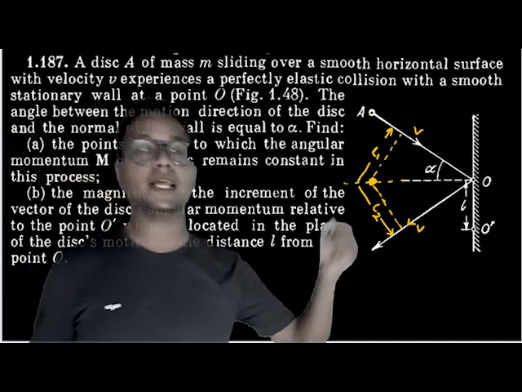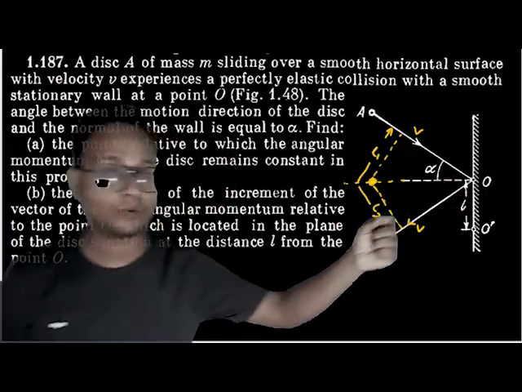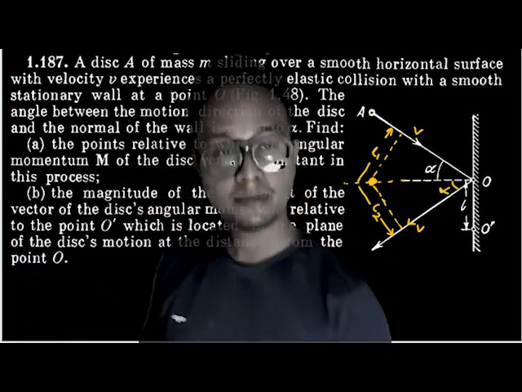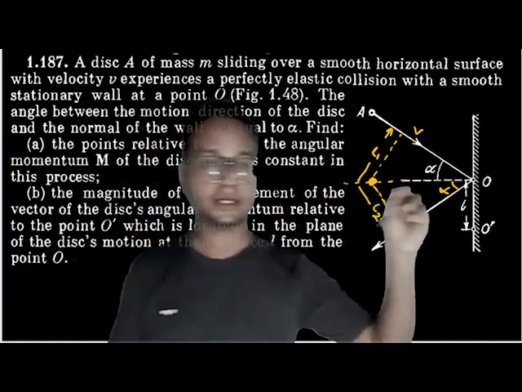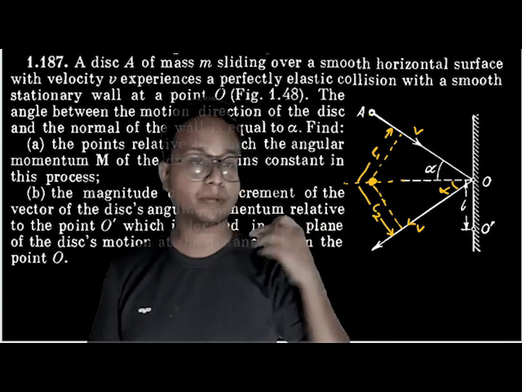So if L1 is equal to L2, the magnitude of angular momentum before collision and after collision would be the same value, no? This is angle alpha, similar triangles. Understood? So if you take the origin at any point on this midpoint, the angular momentum before collision and after collision would remain the same.